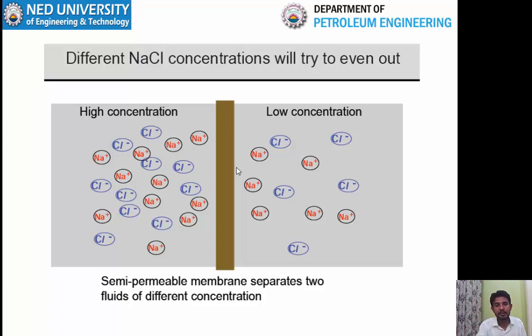The same thing happens here when you have two fluids, one in the wellbore and another in the formation, for example, and these two fluids come in contact against the shale formation.